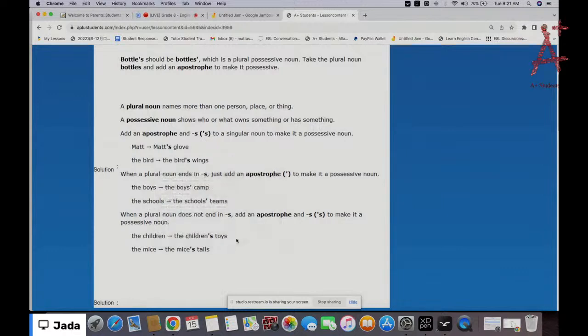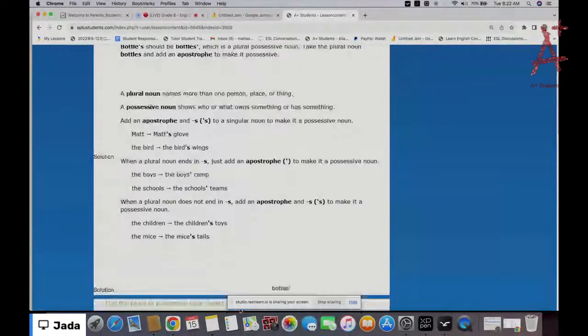You add the apostrophe and then the s. Or the mice's tails. You put the apostrophe and then the s. So that's what we do.